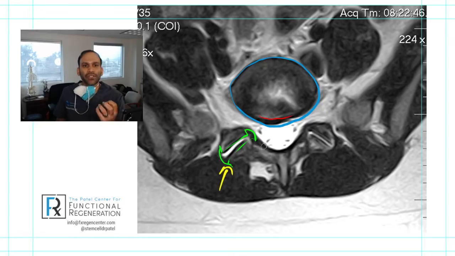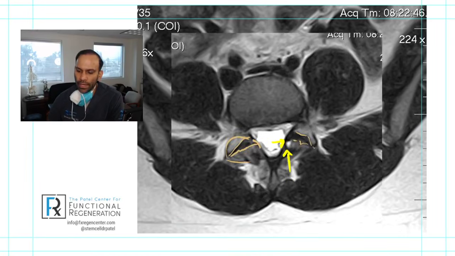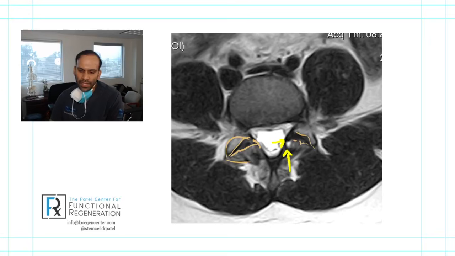That bubbling out is essentially what a cyst is. And when we look at that here, we can see that little white nugget sitting there is a nugget of fluid that's bubbled out from that facet joint.